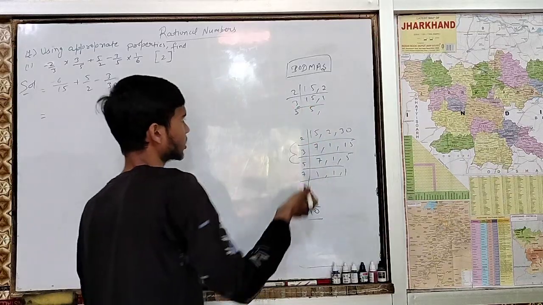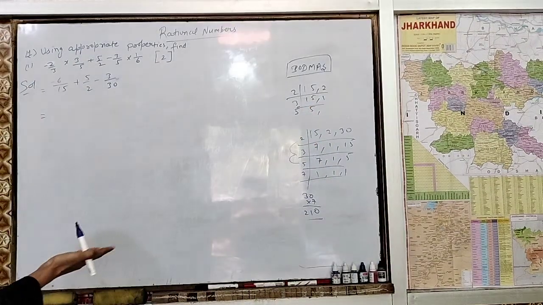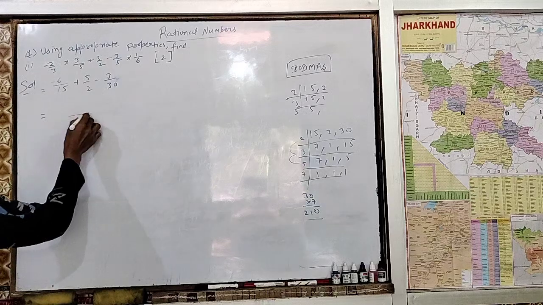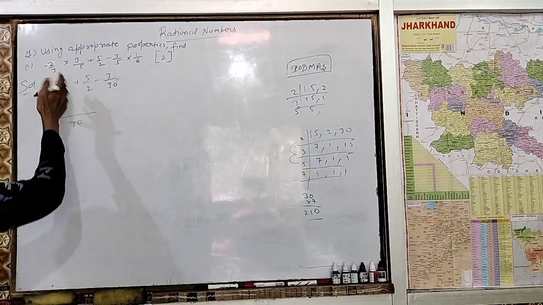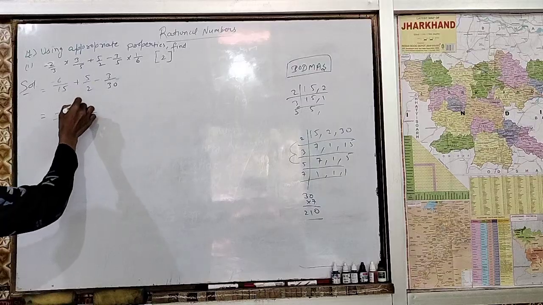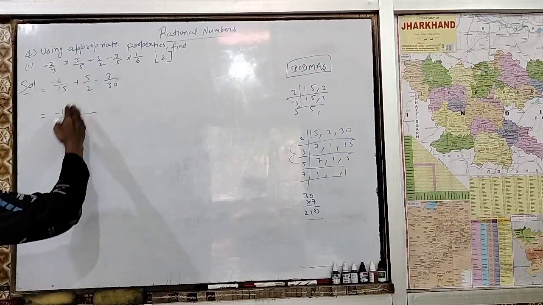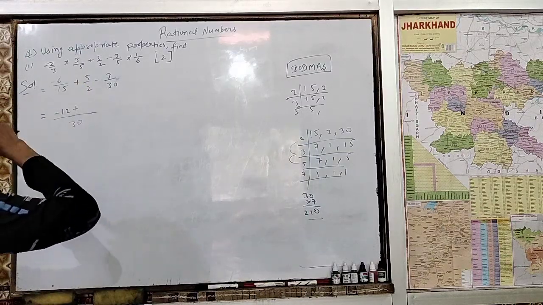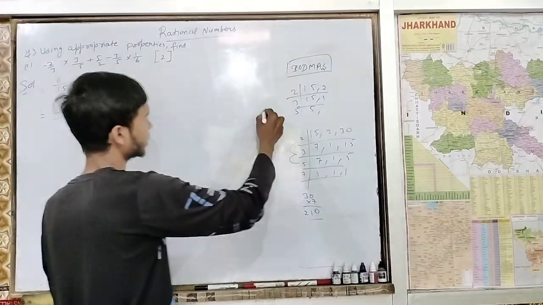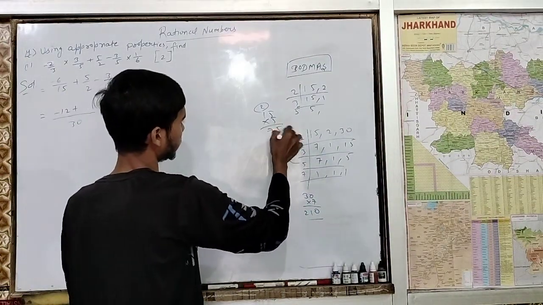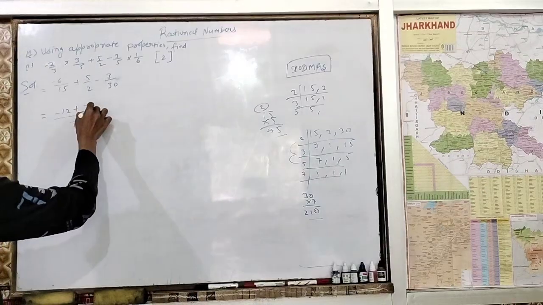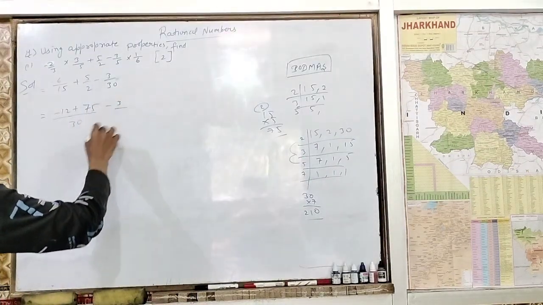So 5 3s, 2 3s are 6, 6 5s are 30. So it is coming as 30. Now 15 twos are 30, so 6 twos are 12. Here, look, 15 twos are, so 5 5s are 25, then 2 5s are 75, and we left this much.